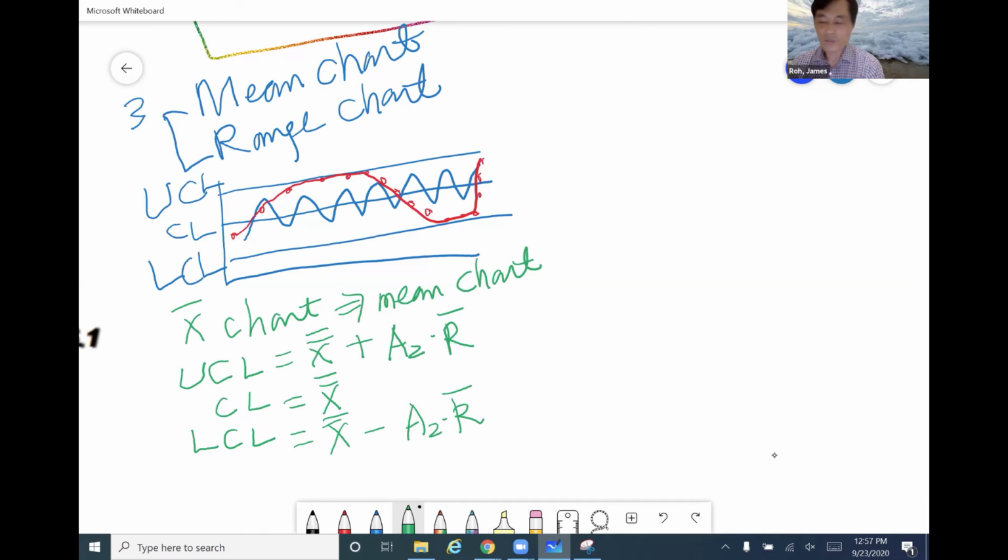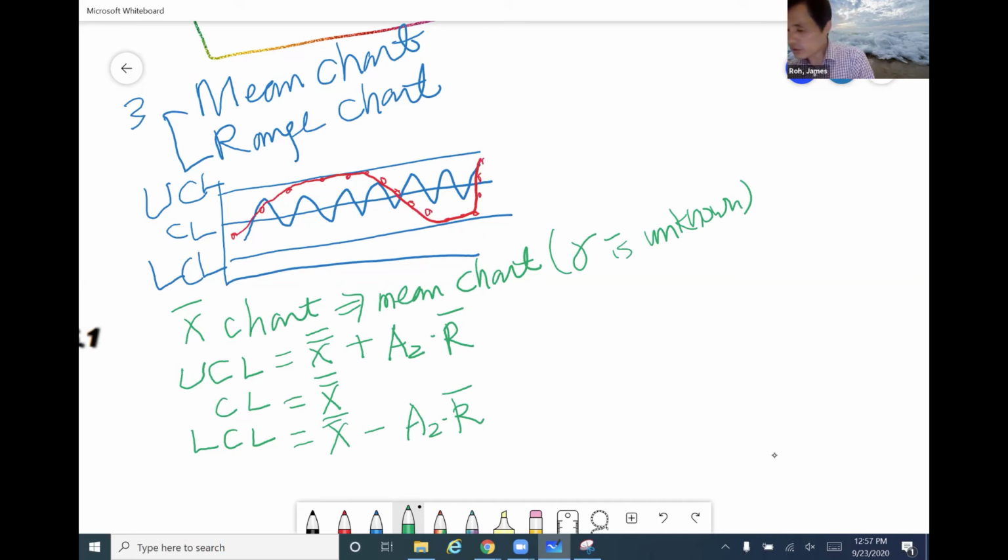There's a much more complicated formula, which is actually used when sigma is unknown. Actually, this is the formula that we use, but for the sake of simplification, we are going to use this formula because it's straightforward.